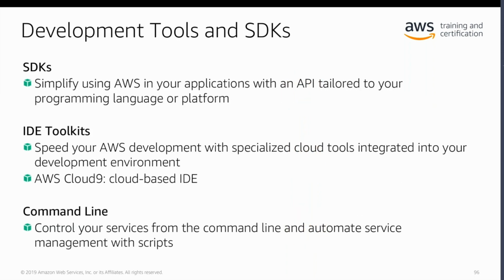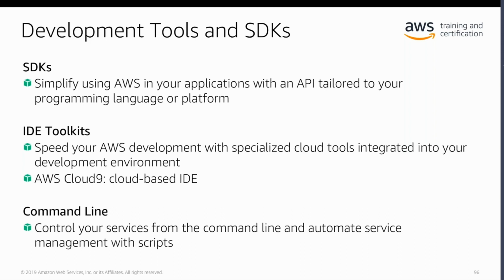Amazon also produces a number of software development kits that are tailored to specific programming languages. So, if you're programming in Python, there's an SDK that they publish called Boto, for example. There's SDKs for Java, for C#, and other platforms to help you simplify your application development.